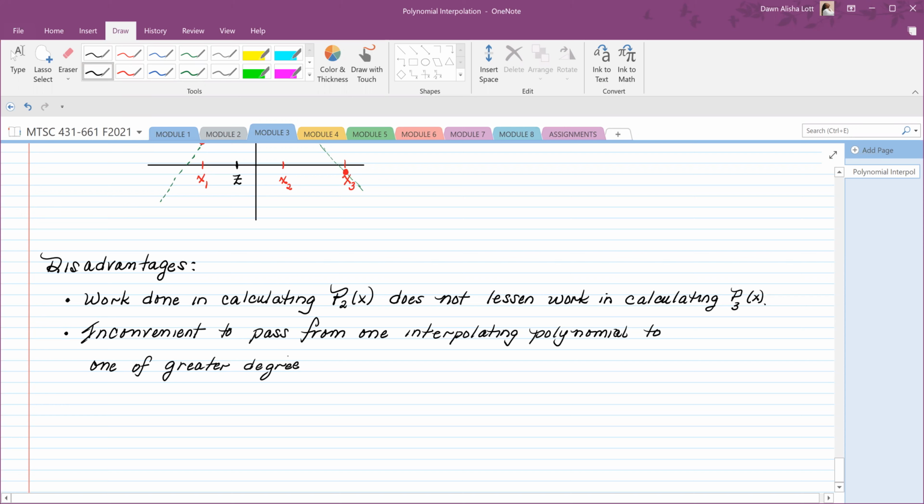Sometimes passing from one to another is useful in deciding what degree polynomial I want to use. So we will pick up on Thursday with an example and talk a little bit about the error.